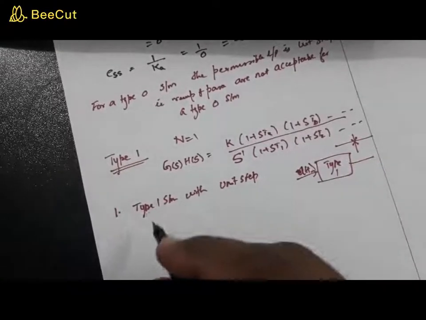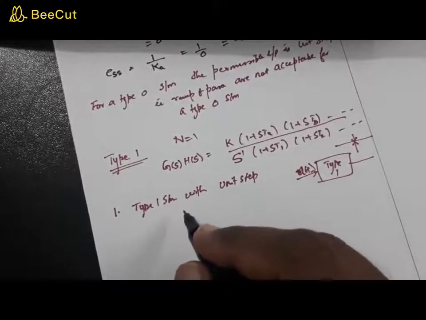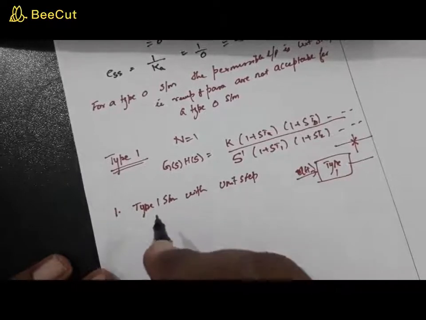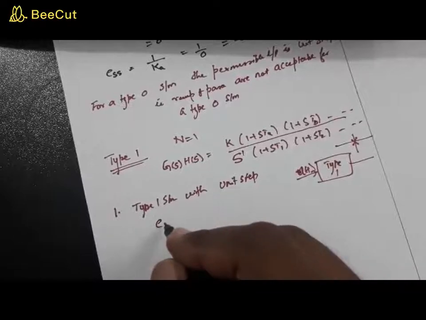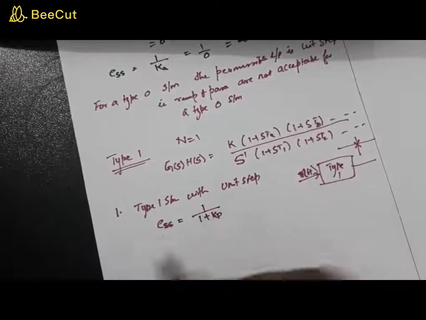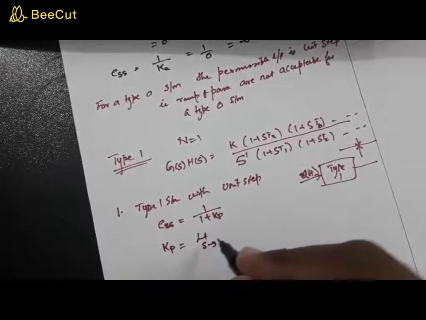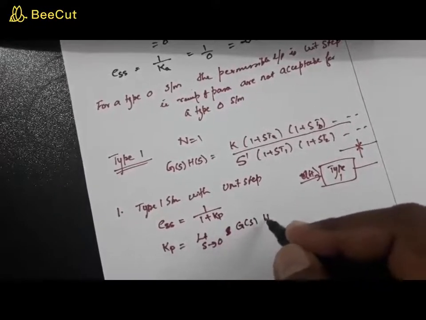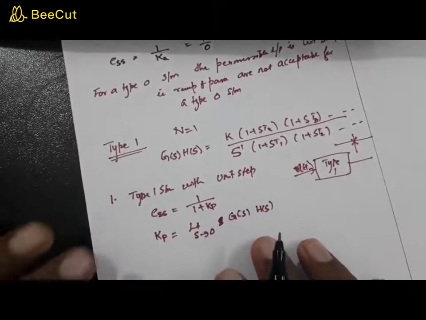Now when you give a u of t to this, we have already defined the steady state error in terms of the static error coefficient, the positional coefficient. So the steady state error is given by 1 by 1 plus Kp. Now what is Kp? Kp we have defined to be limit s tends to 0 of GsHs, not s times GsHs. You need to be very careful. If you have any doubts, look at the previous video.